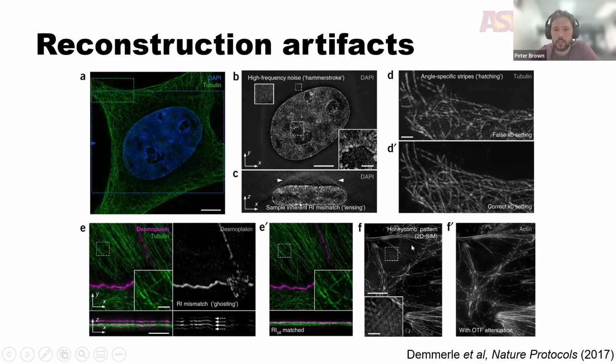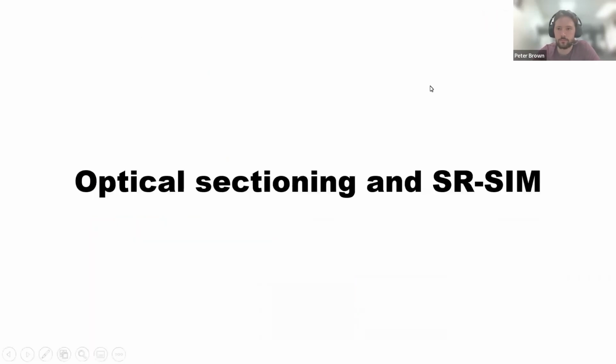You can also get these honeycomb patterns, which can come, for example, from out of focus background light that is incorrectly mixed into your shifted bands. We'll discuss ways of mitigating this in the next section. And in general, I encourage you to check out this very nice paper from 2017 that provides a very complete understanding of what these various reconstruction artifacts indicate.